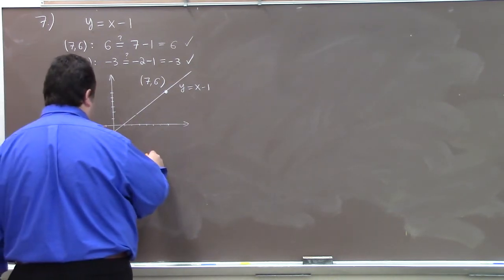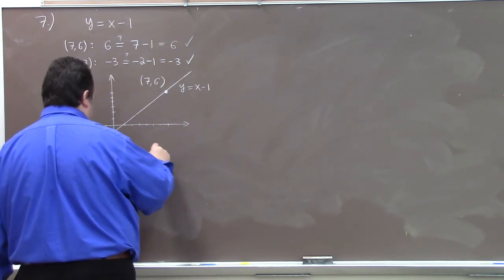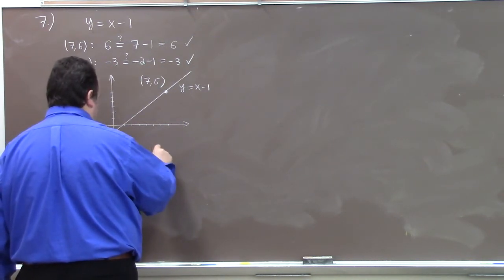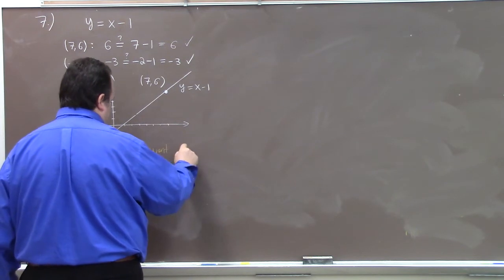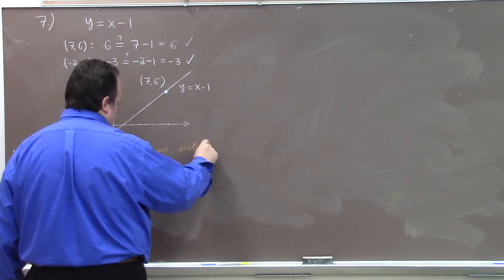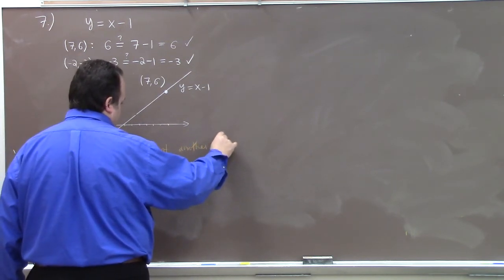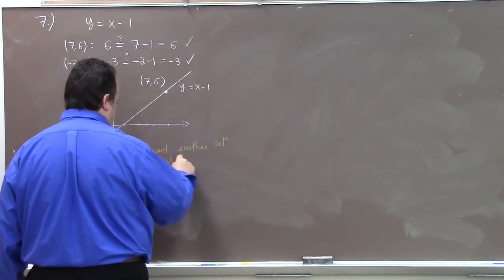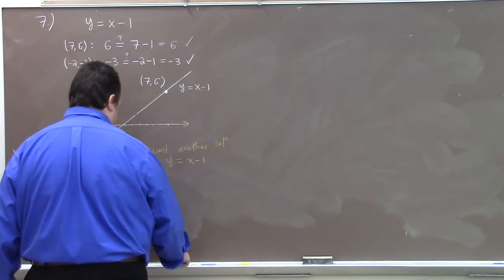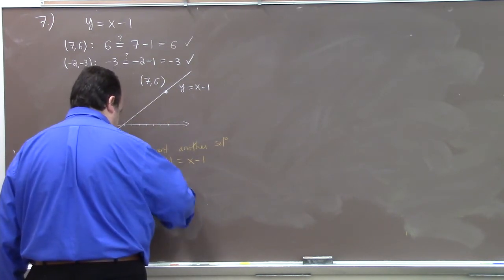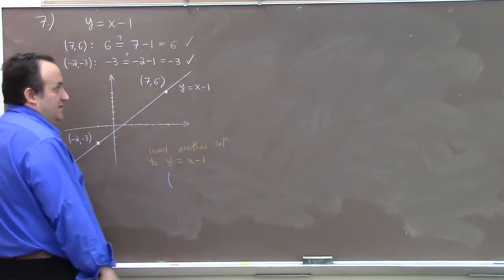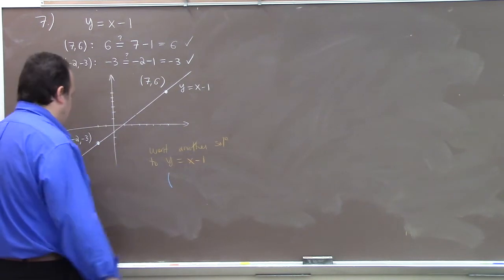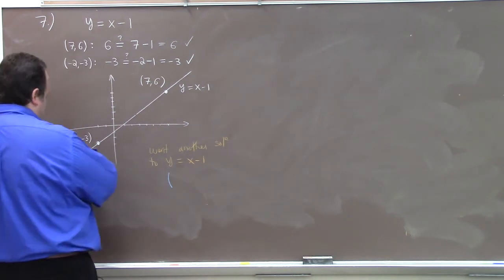All right, so let's think about it this way. We want another solution to y equals x minus 1. Let's put x equal to, there's only 2 things I can't do: I can't do minus 2 and I can't do 7.